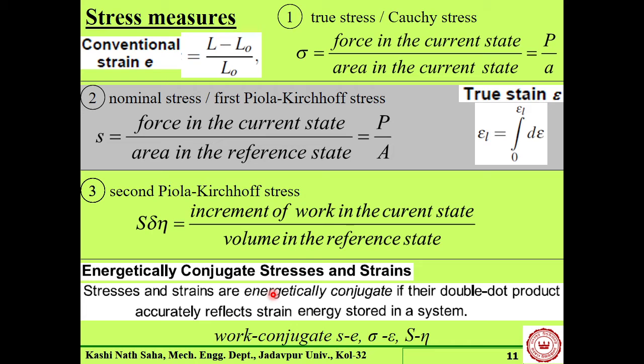You cannot take any current, any voltage, any pressure, any volume. There are so many measures of those things. You have to take energetically conjugate pairs to measure the energy. This idea is clear, why they are clubbed like this.